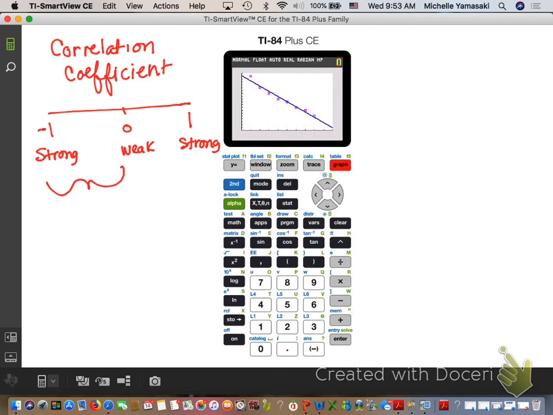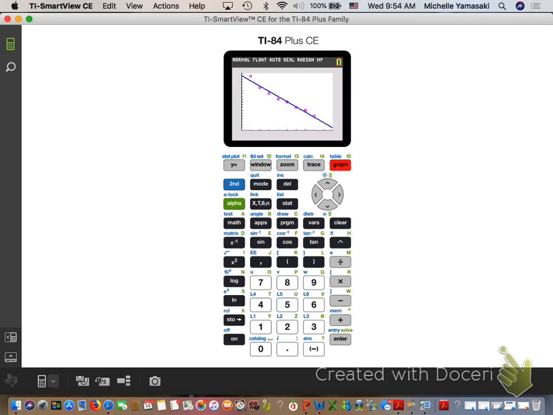Now, I'm going to show you how to do it. It'll take just another minute. If the correlation coefficient is close to +1 or -1, it's very strong, and if it's close to 0, it's weak. The first thing you need to do is go to mode. Everybody go to mode.